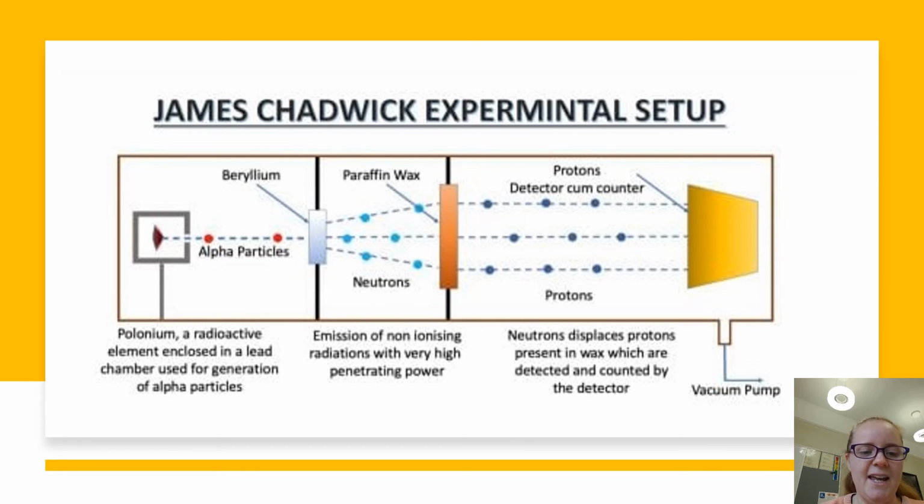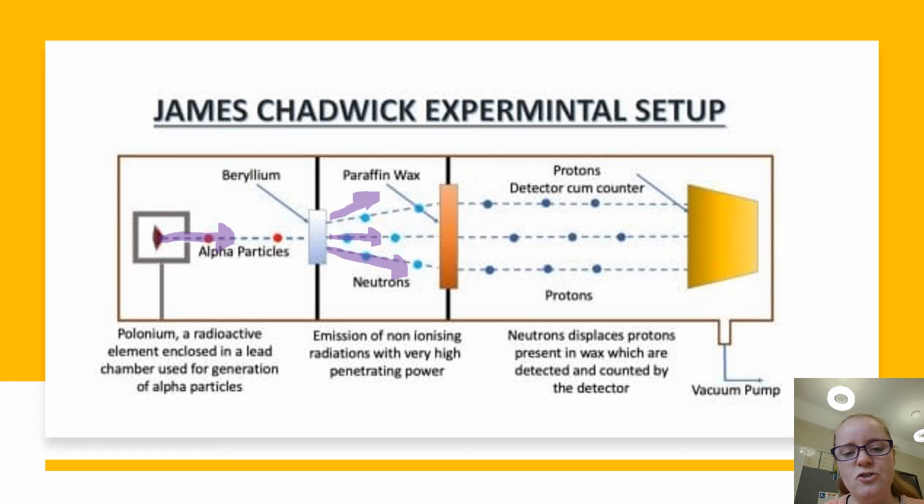So basically, again, he had an alpha particle transmitter, very similar to our gold foil experiment, but rather than firing them at a piece of gold, he fired them at a sheet of beryllium here, which he found out was knocking loose particles. But the neutrons that were fired off couldn't be detected like protons and electrons could due to their lack of charge.